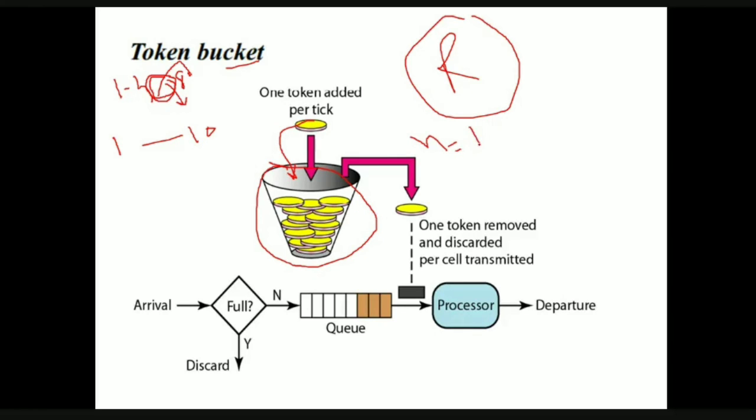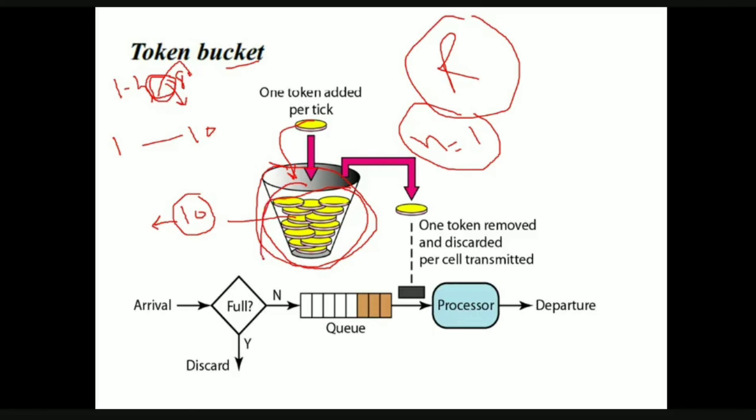So for a clock tick, we are going to add one token to the bucket. So the system can send the information until it does not have any tokens in this bucket. That is, let us say the system has 10 tokens. Now if one token is for sending 1 megabyte, the system can now send only 10 megabytes.